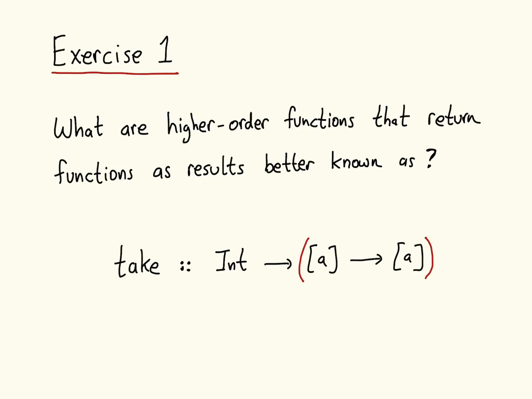And you see that precisely in the type. We're taking an integer as an input, and then we're getting back a function which is going to take the second input. And that function takes the list of things and then finally gives you back the list here. So this kind of simple example shows you that higher order functions that return functions as results, these are just curried functions. So a nice, simple, easy answer to this exercise.